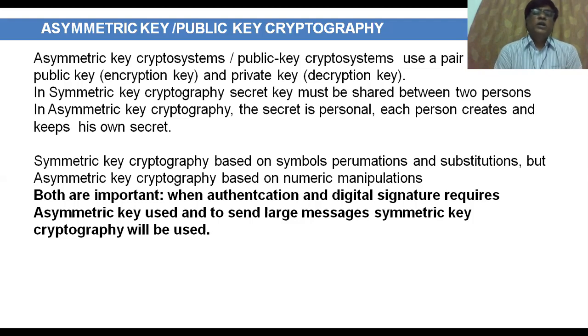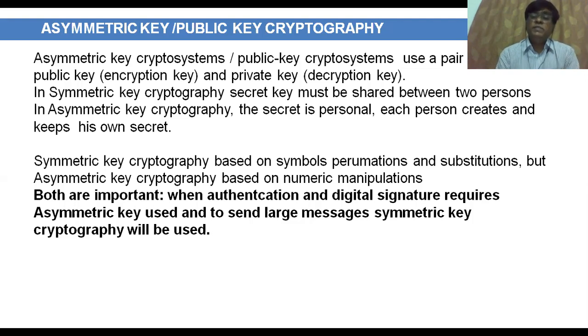But if you want to send large messages, asymmetric key cryptography is slow, because it uses mathematical functions to perform different mathematical operations on the numeric values. Since it applies mathematical functions on a large amount of data, it will be slow.